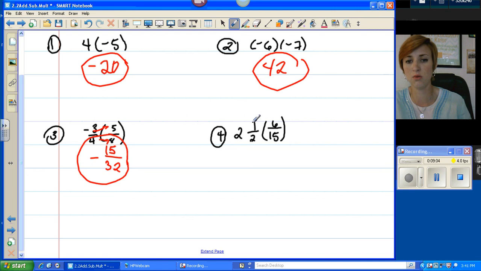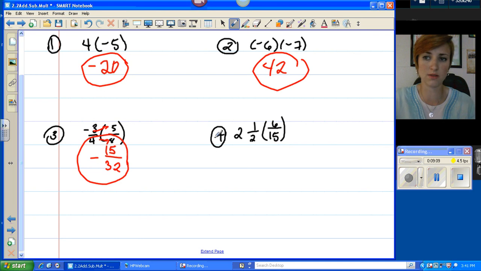Now, example 4, last one. We're given 2 1/2 times 6 over 15. They're both positive, so we know the answer is going to be positive, but we don't like mixed numbers. We need to get our mixed number as an improper fraction. So we're going to do that by multiplying our big number, 2 whole, times our denominator of 2.